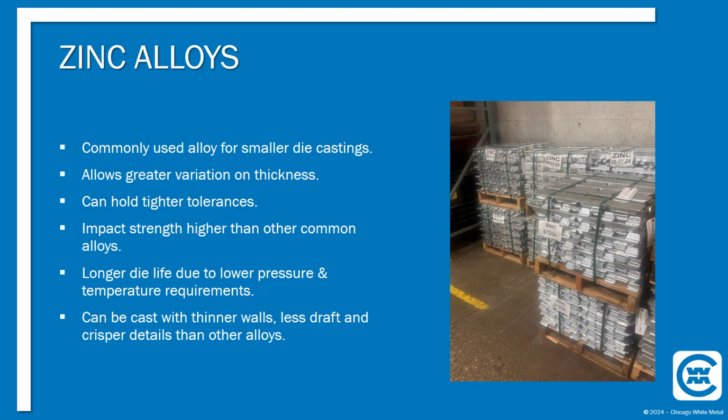On the other end of the weight spectrum from magnesium is zinc. So if you see magnesium as being the most lightweight alloy available, zinc is on the other scale. Very, very heavy in comparison. Typically used on smaller castings. Obviously, a lot of applications don't want that amount of weight in their product.